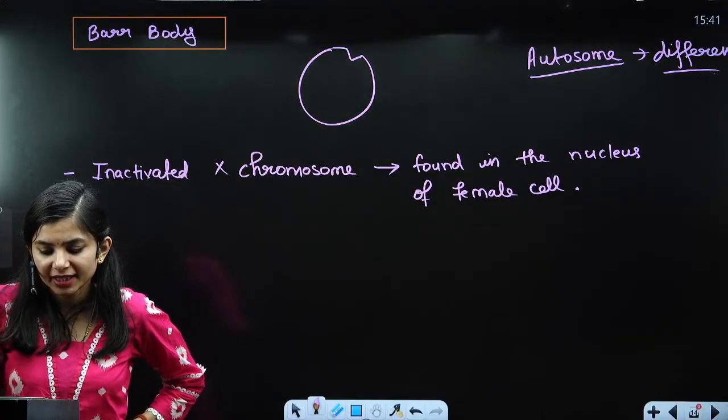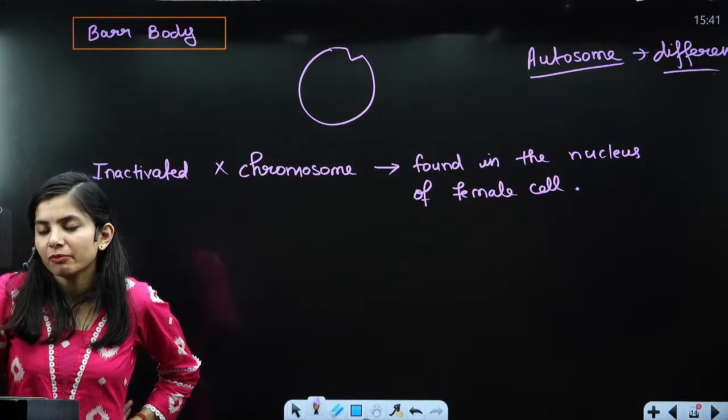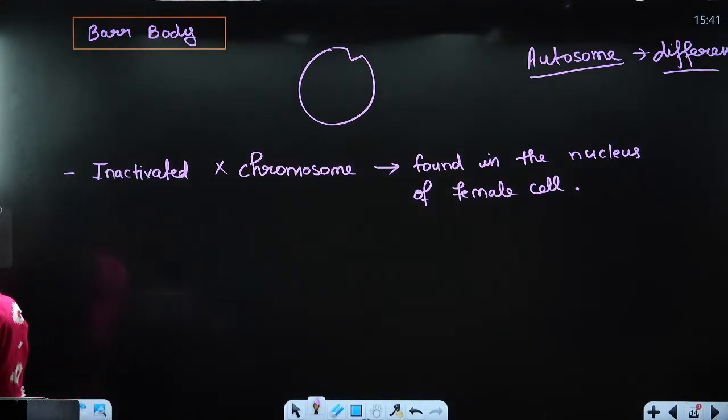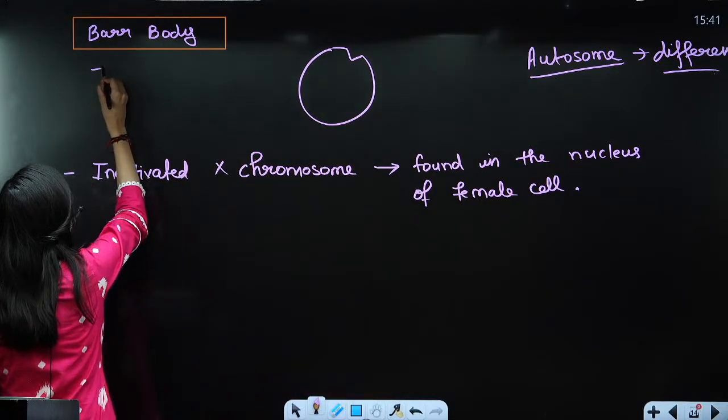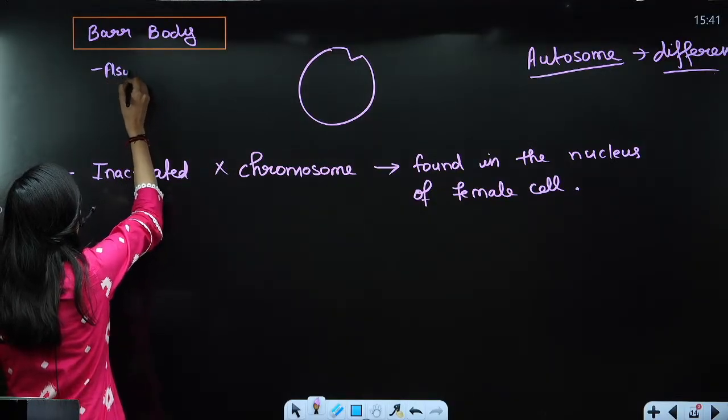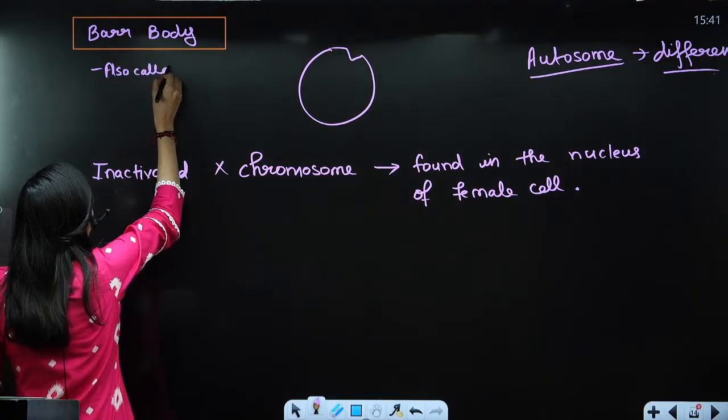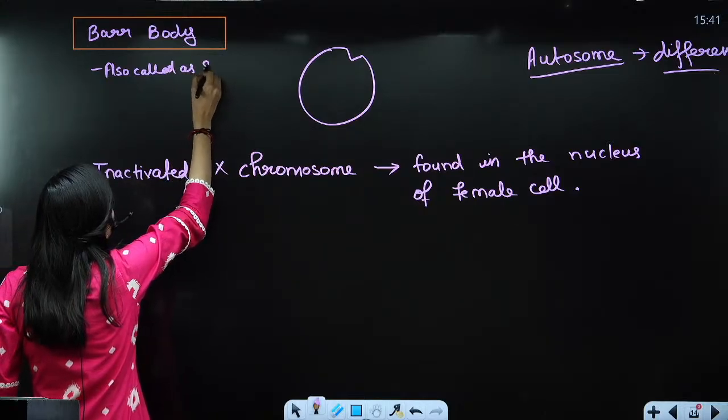Hope you can understand it. This inactivated X chromosome is also called sex chromatin.